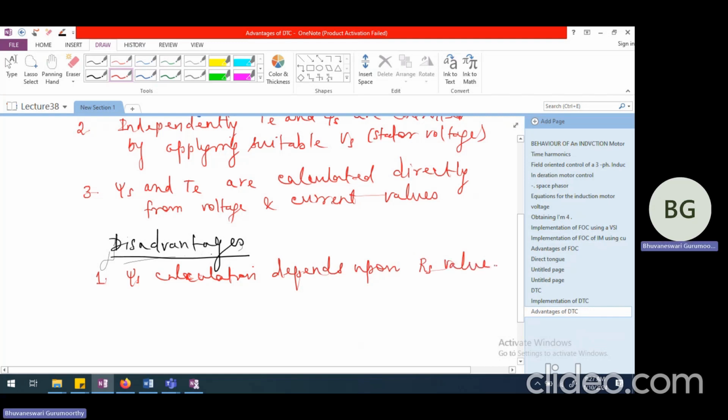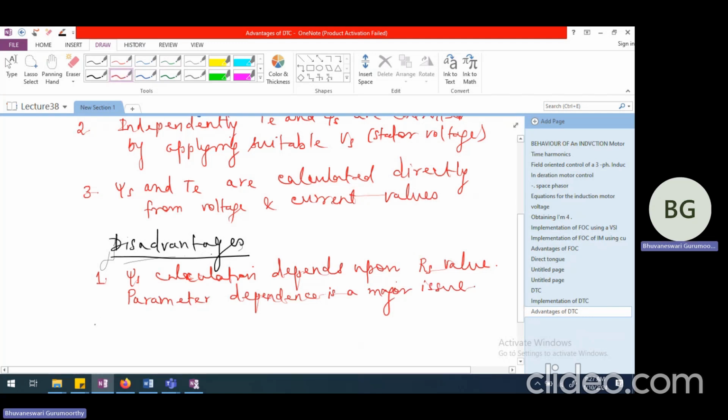So parameter dependence is inevitable. It cannot be avoided at all. So parameter dependence is a major issue.